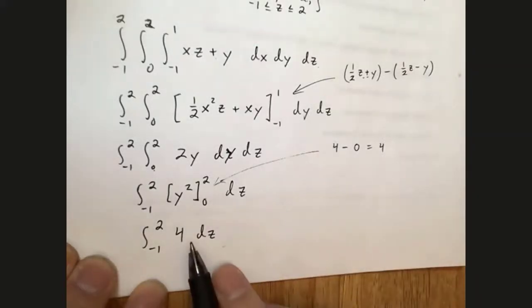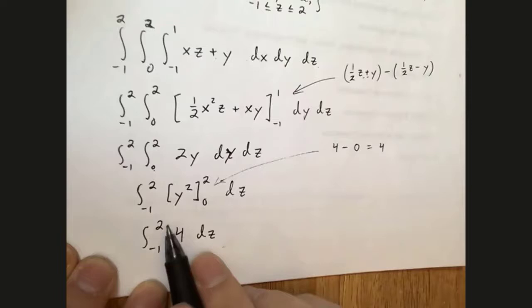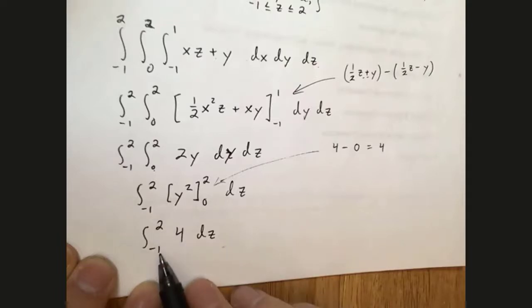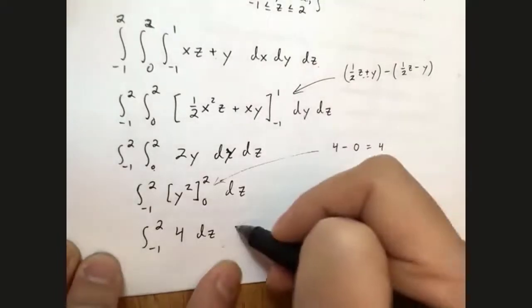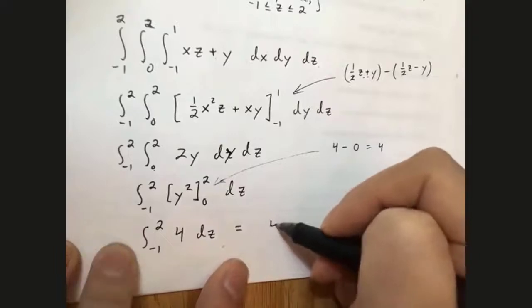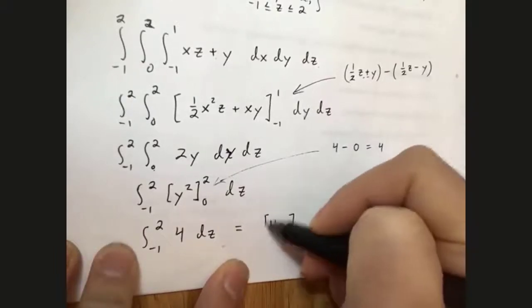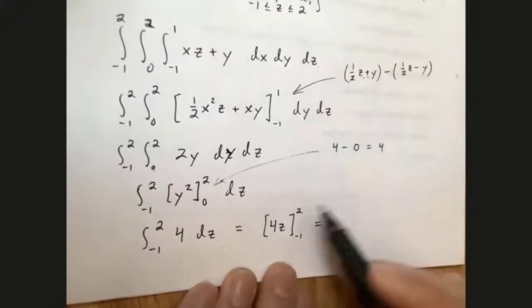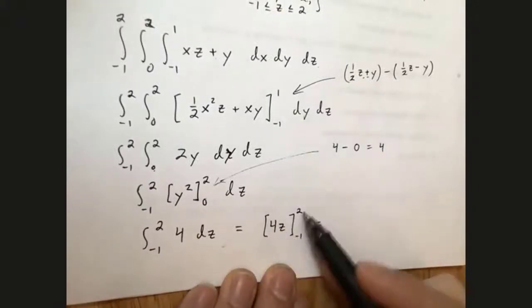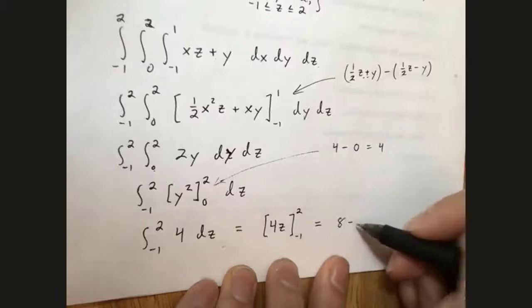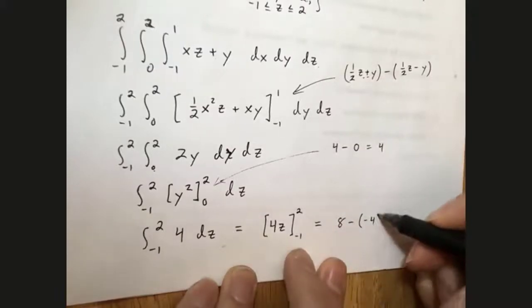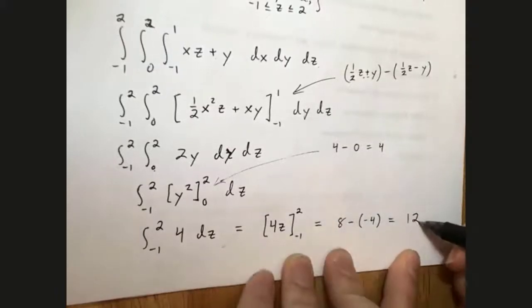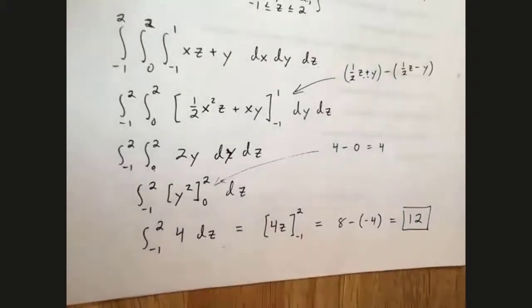Antiderivative is 4z. Evaluate that from -1 to 2. And let's see, if I plug in 2, I get 8. If I plug in -1, I get -4. And so the answer is 12.